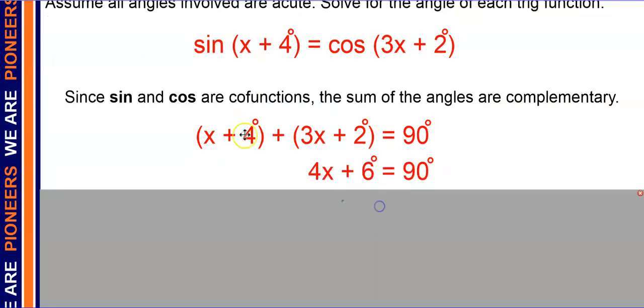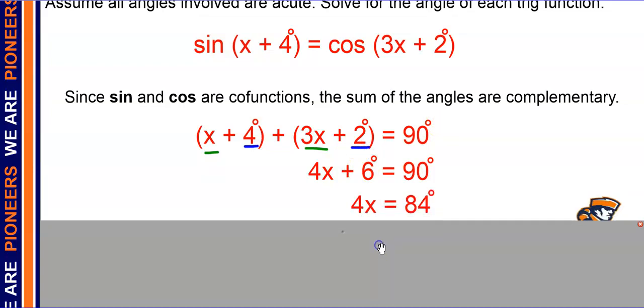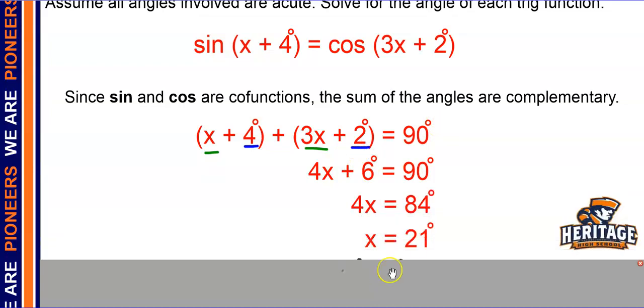So you combine like terms, so x plus 3x is 4x, and 4 plus 2 gives us 6. Then you get x by itself, so you subtract 6 on both sides, you get 84, divide 4 on both sides, you get x equals 21.